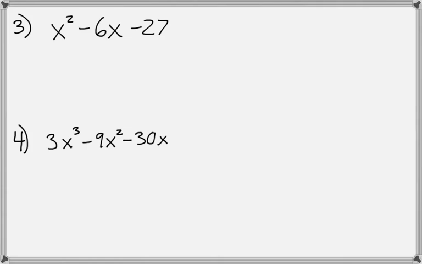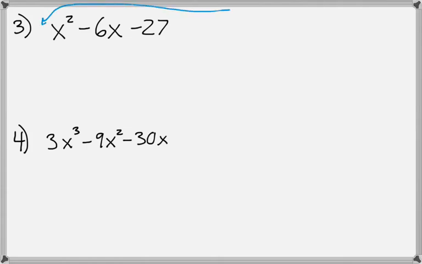I do want to take this time to show you an alternate way to factor a trinomial, and this will only work if there's no coefficient in front of the x squared, or you could say there's an implied 1 here.